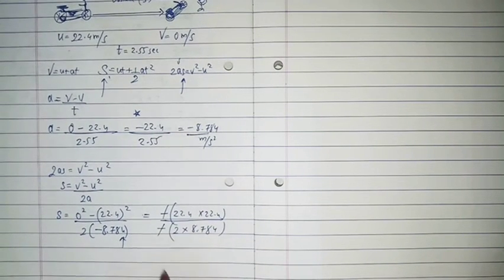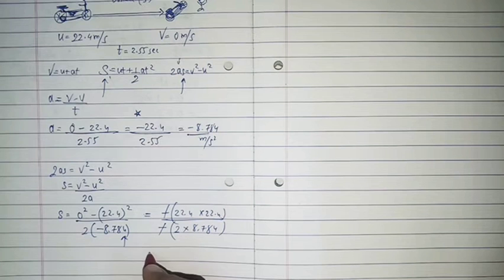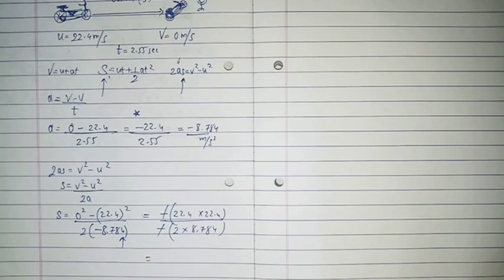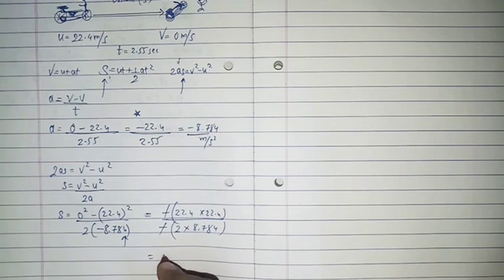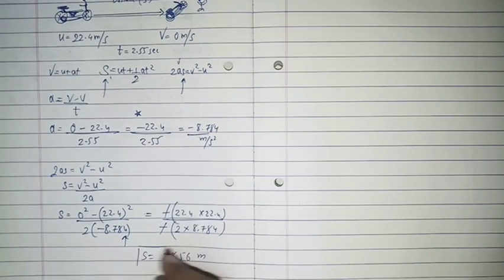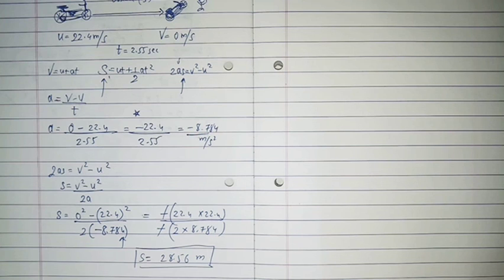Minus and minus cancel. So 501.76 upon this. We'll use the calculator. It comes to 28.56 for me, but this is the way we do it.